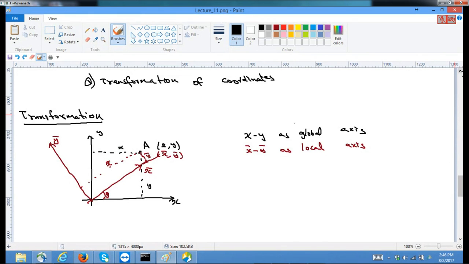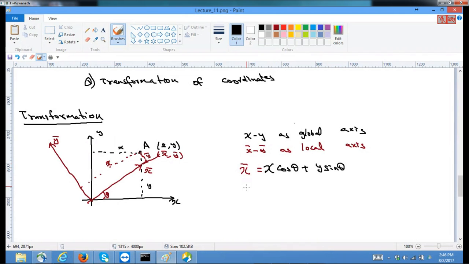So let me start dealing with the transformation. My x bar can be written as x cos theta plus y sin theta.